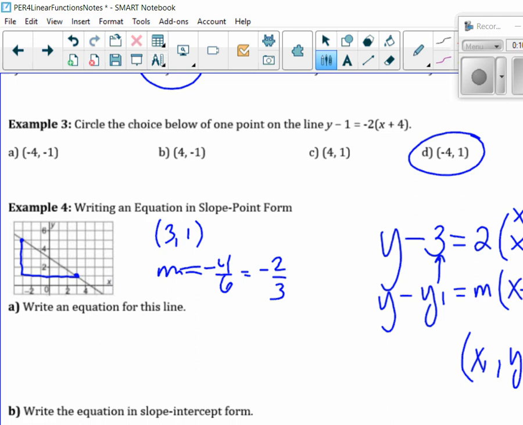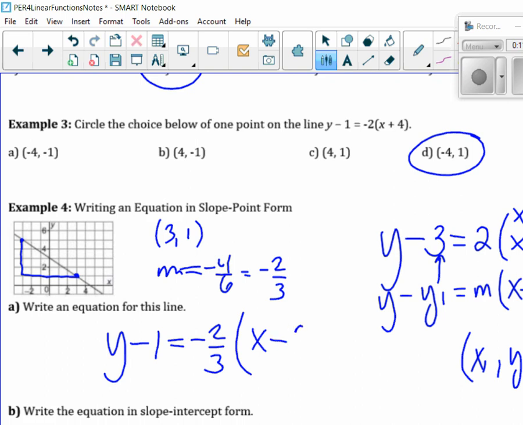Okay, so let's put this together. What's the equation of my line? y minus 1 equals negative 2 over 3 x. Is it plus 3?